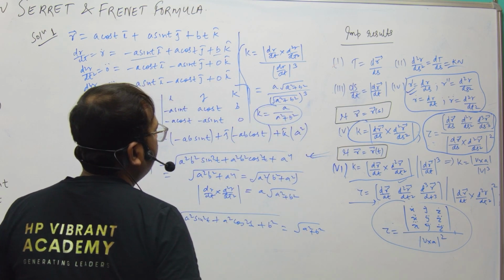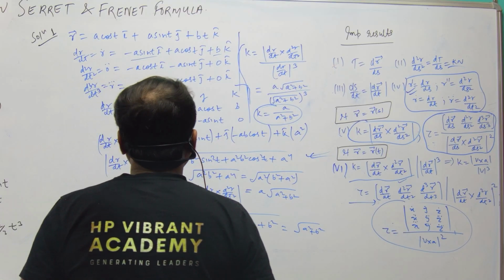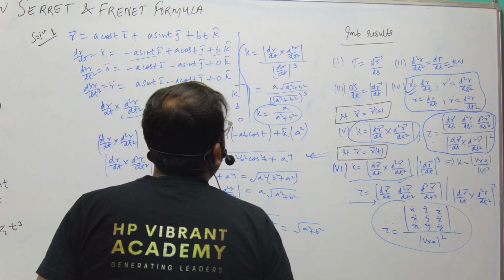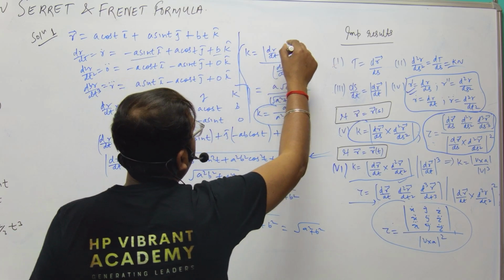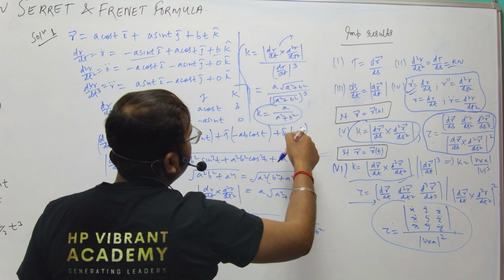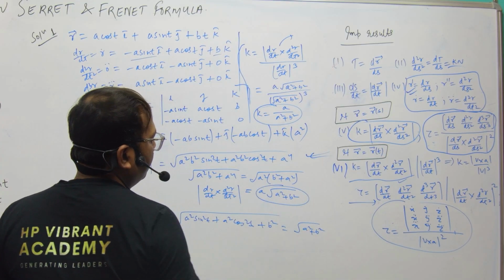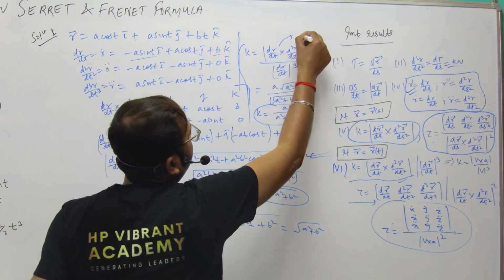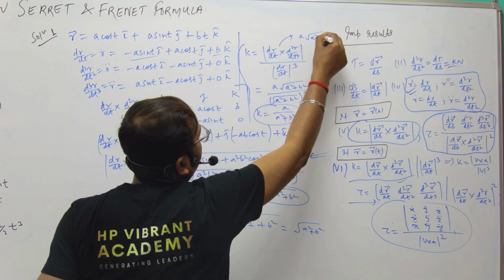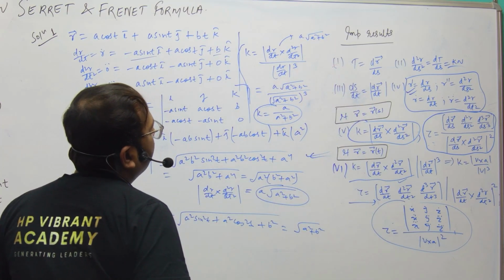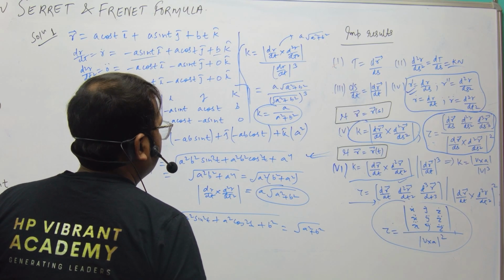Let us find the value of tau. How can we find this? The modulus of the cross product is a times the square root of a square plus b square. Now let us find the torsion.